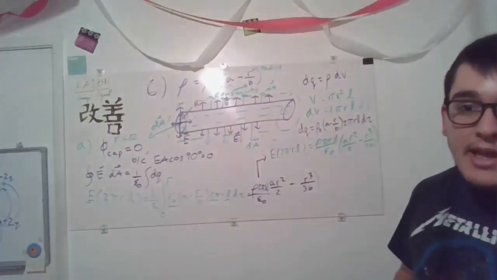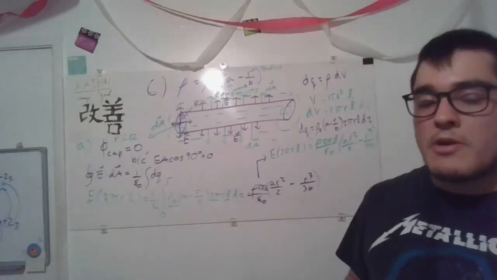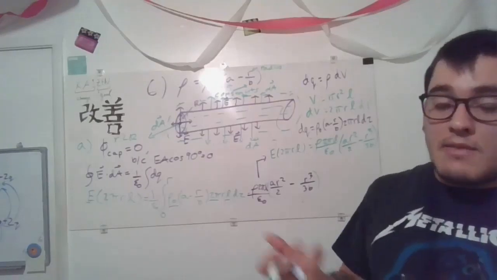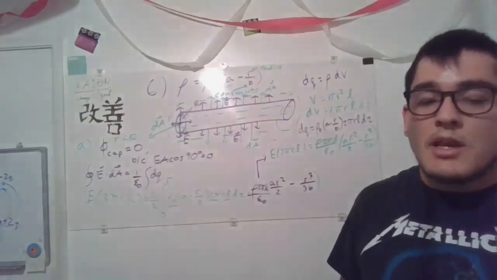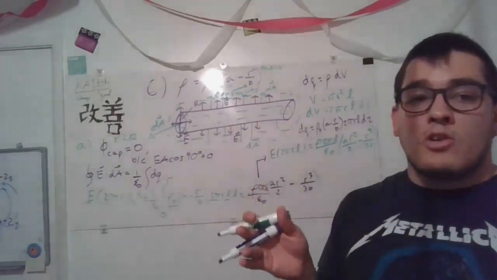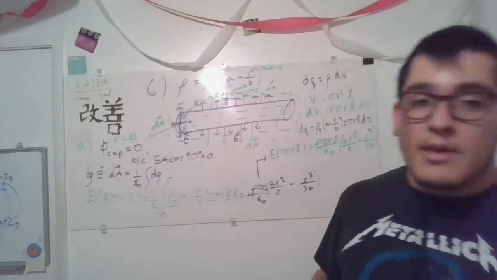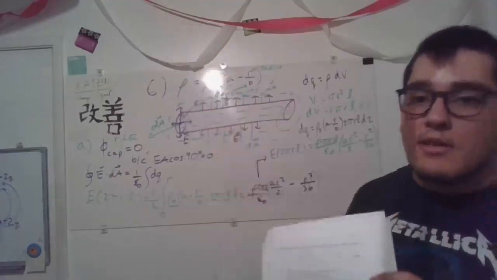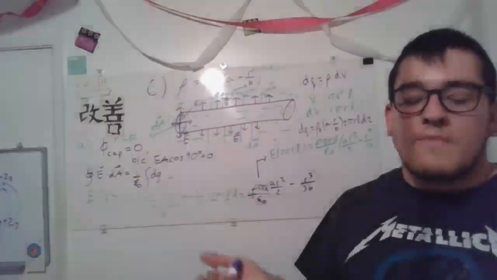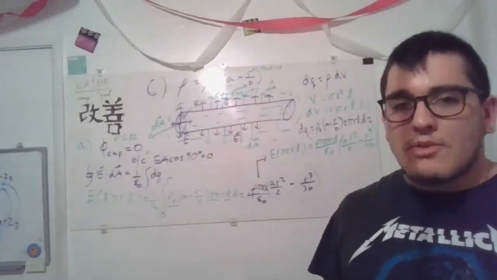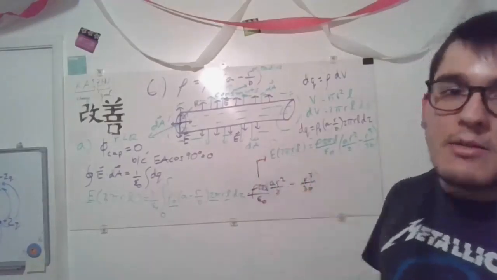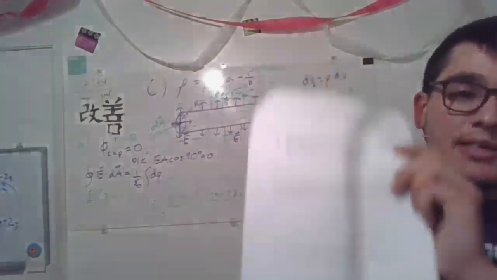You always want the L to cancel out, especially when you're talking about an infinitely long cylinder, because that length is infinitely long and you don't know what it is. Just like if you have an infinitely long plane of charge, like a sheet is a plane of charge. Imagine the sheet is infinite. You don't know the area of an infinite sheet. So you always do want to look for those L's canceling out on both sides, or those A's, whatever it is.